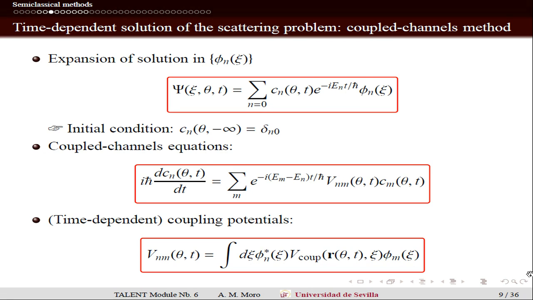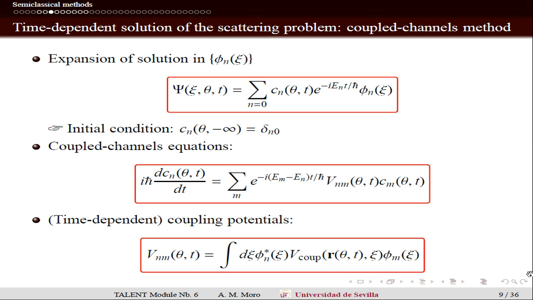The projectile comes from minus infinity, collides with the target, and evolves in time to plus infinity. So always our initial conditions will be written in terms of this minus infinity. The only coefficient that is different from 0, actually 1, is the one that corresponds to the ground state.